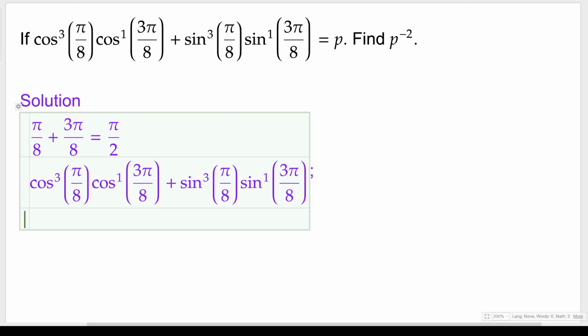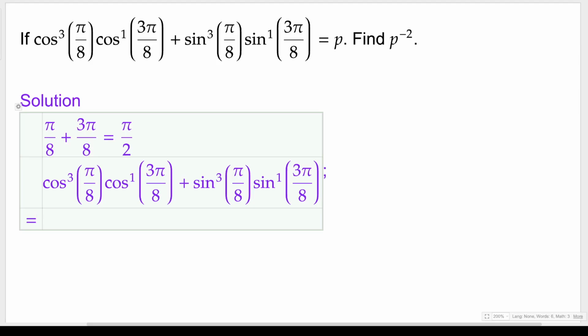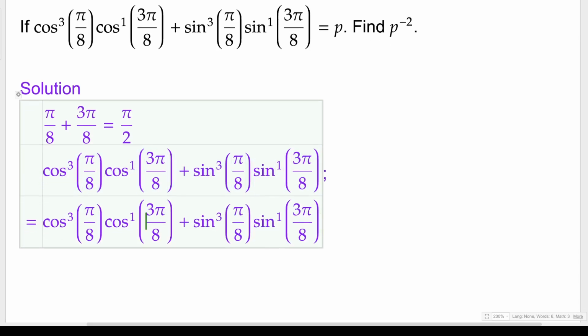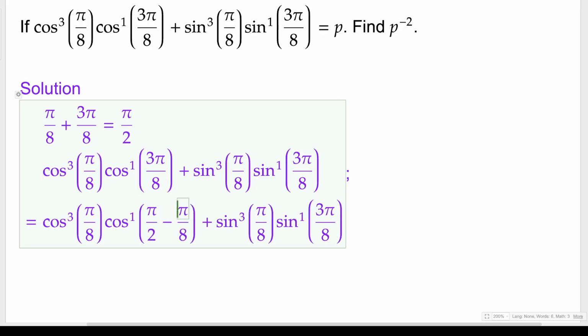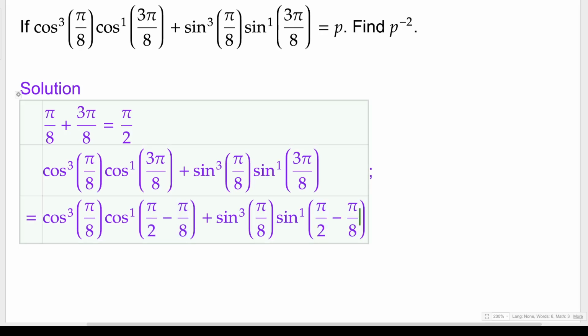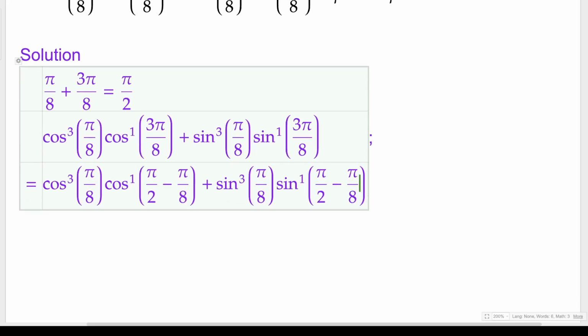Instead of 3 pi over 8, this can be written as pi over 2 minus pi over 8, and the same thing I can do for the other term as well. Now cosine of pi over 8 and sine of pi over 8 can be factorized out.